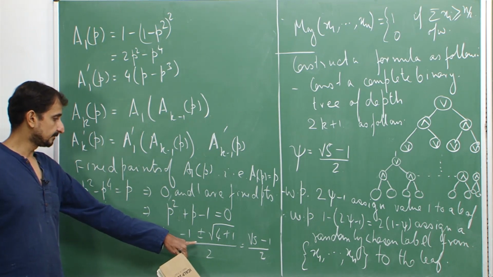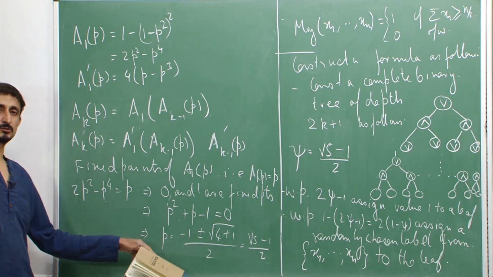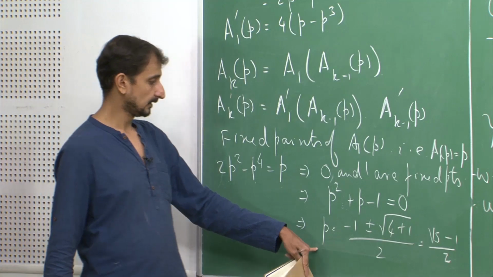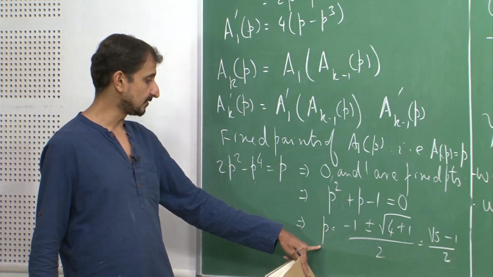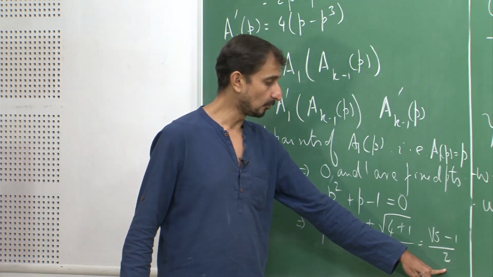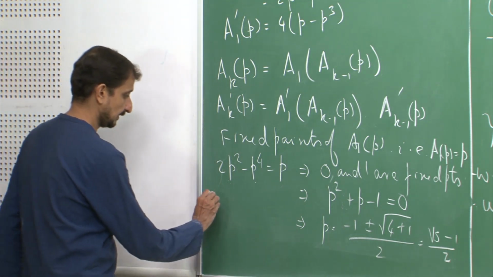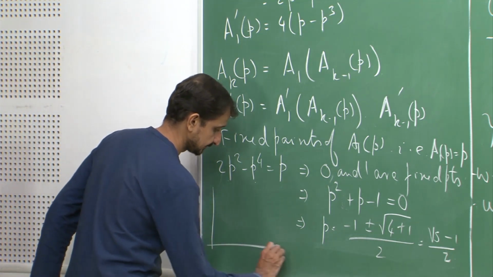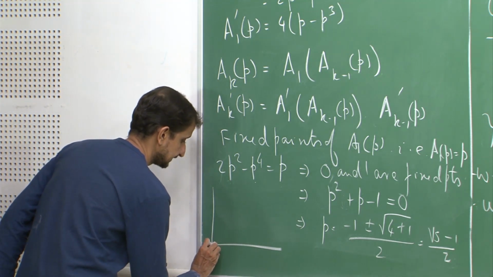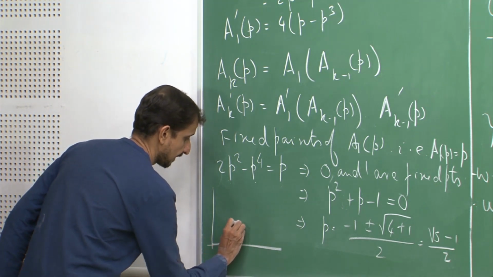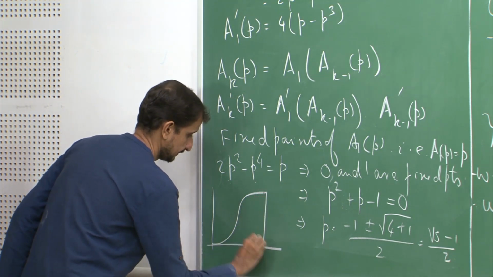The negative root is not considered because p is a probability, so it has to lie between 0 and 1. So, the negative value of p is ruled out. This is the only other fixed point. So, the graph of this function will be as follows. It will look something like this.